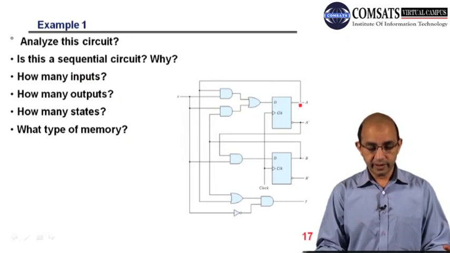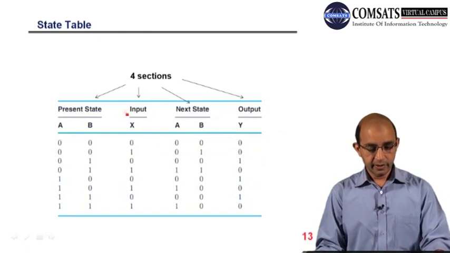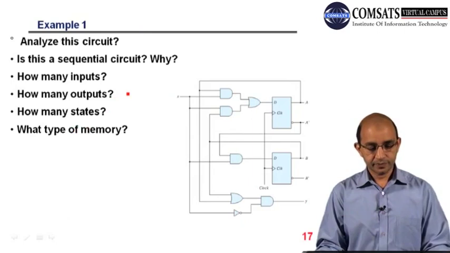So how many states? If I take A, B, and X, so if I go back, present state and then input X. How many possible states can we have? You can straight away answer this question: that is 8.